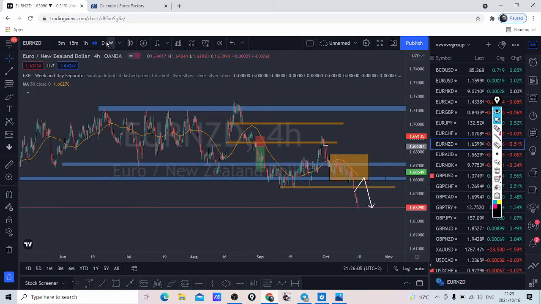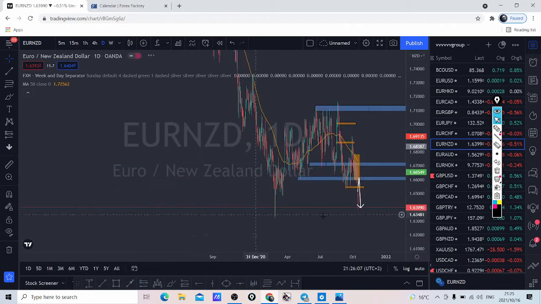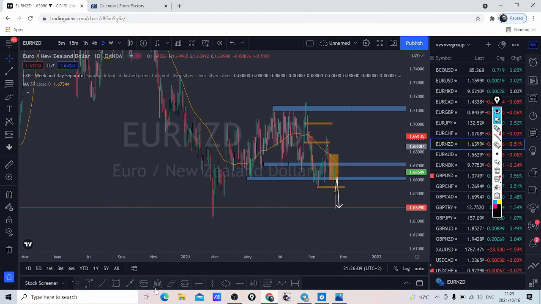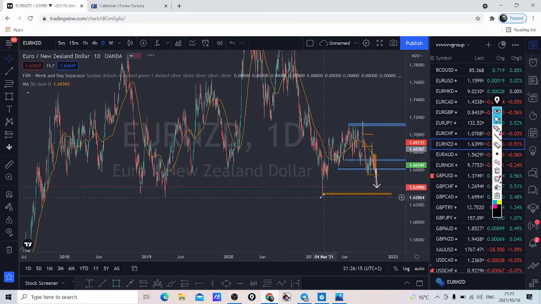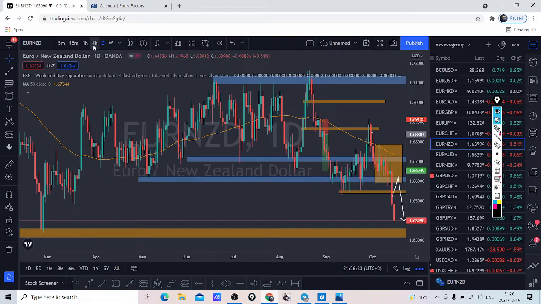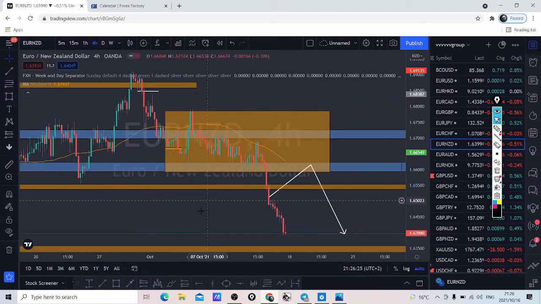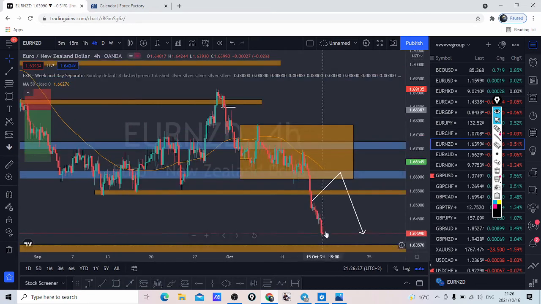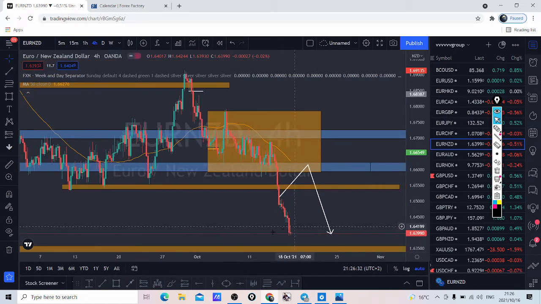But now it feels like it's still going to go down until it hits this zone here, because the market is approaching that one. Even this one here is also lining up the support. So it's going to go there, and then maybe it can change directions after. But for now, it is going to fill up that gap.